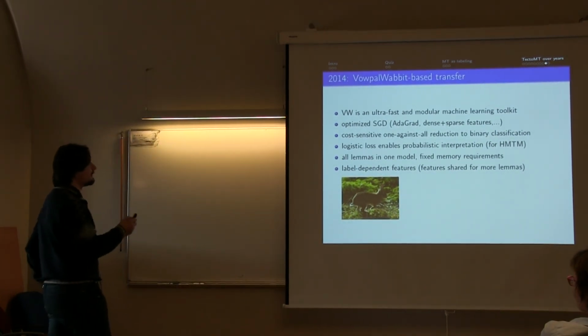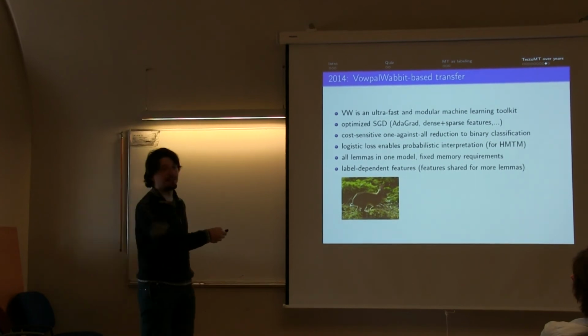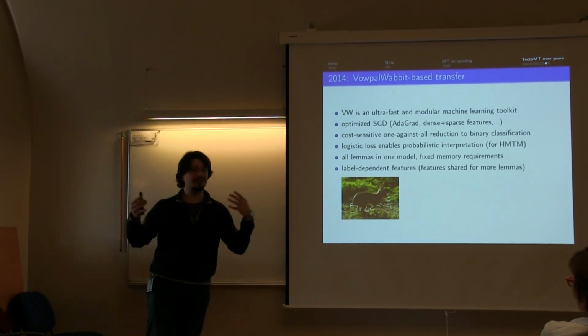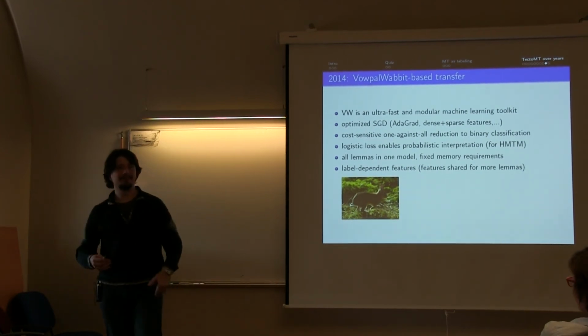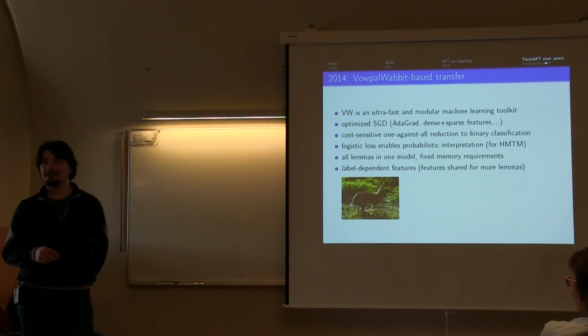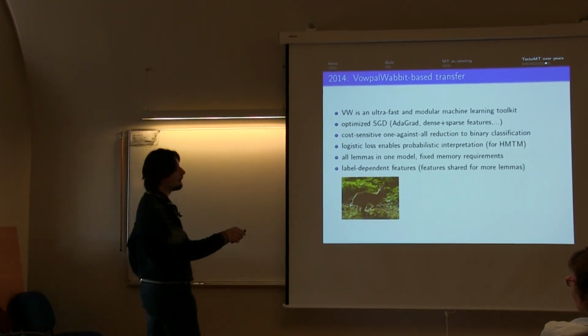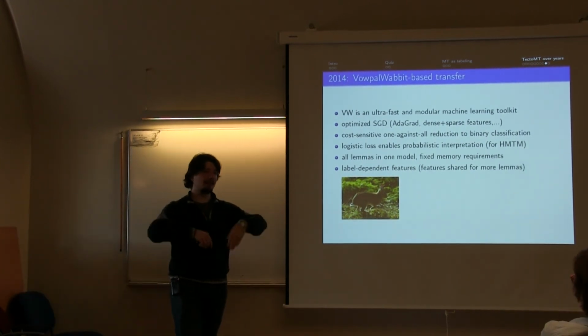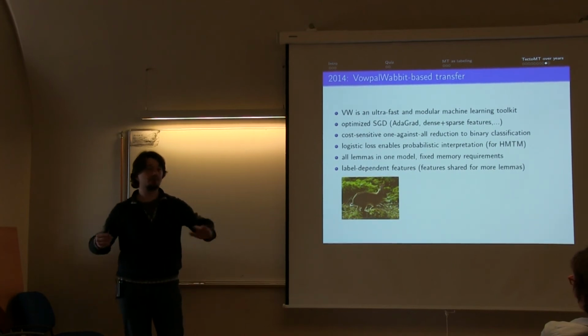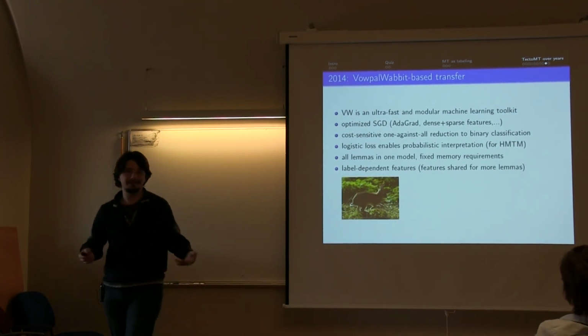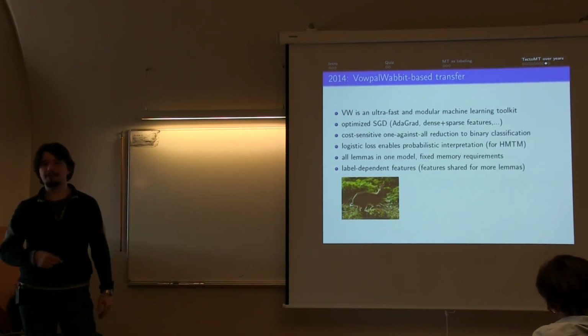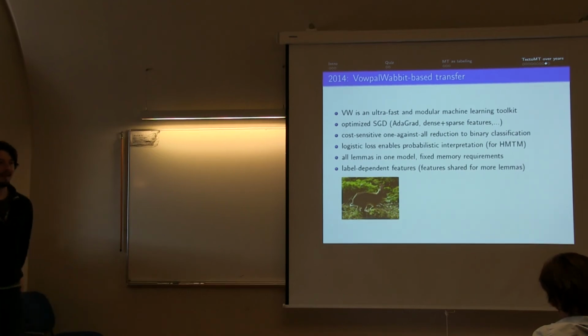It takes much, much longer to extract the features, the training data from the TreeX files, than the machine learning itself. Vowpal Wabbit is well known for parallelization. It can run on 1,000 machines. I don't use it because I don't need it, actually. The chunk is small data from Vowpal Wabbit's point of view.